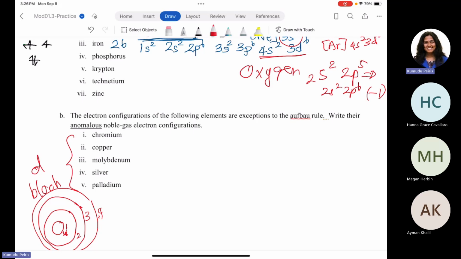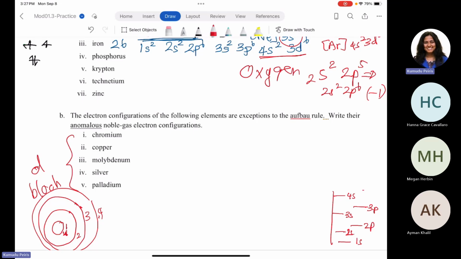The reason is, when we consider the energies of the orbitals, this is 1s, 2s and 2p, and here is 3s, 3p, and then we have the 4s.